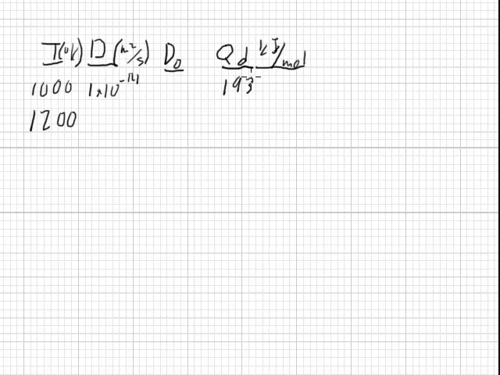So this is all the information that's given, and ultimately the question is, what is this diffusion coefficient here? What we need to do is use our equation to find the pre-exponential. Once we find the pre-exponential, we can put that value into the same equation at 1200 degrees.